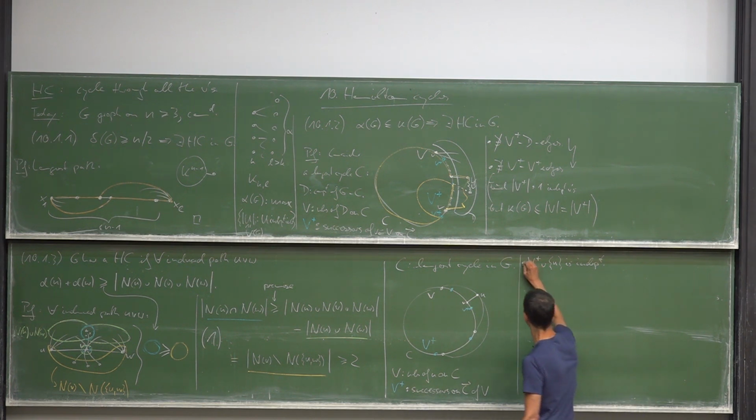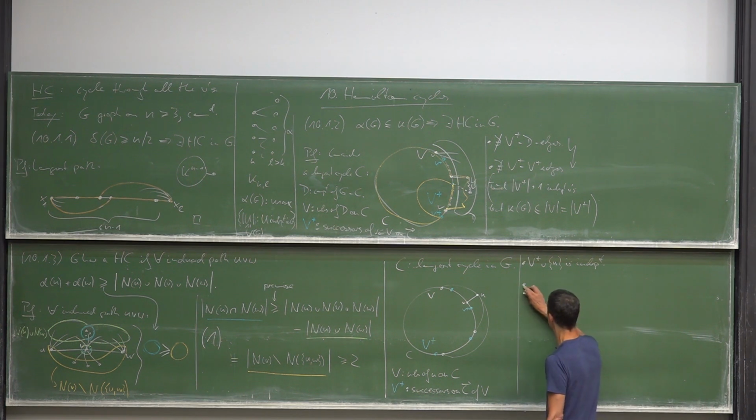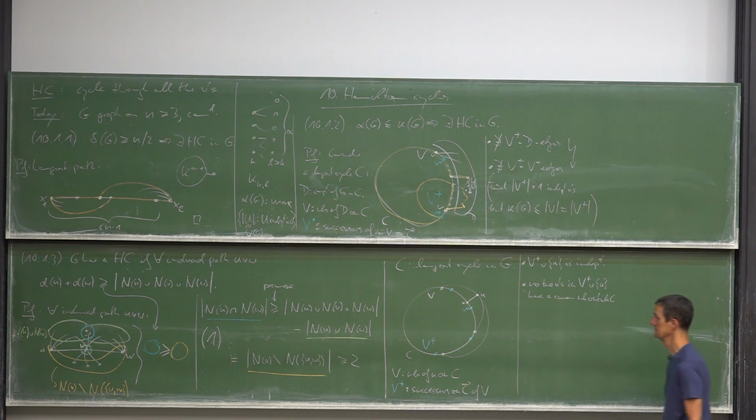And we have a similar statement in that no two vertices in V plus union the little u have a common neighbor outside C. Right?